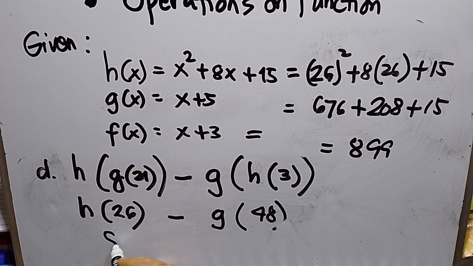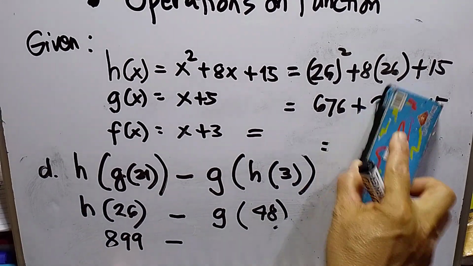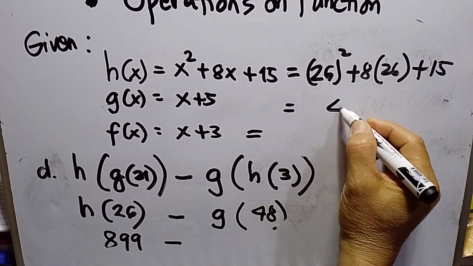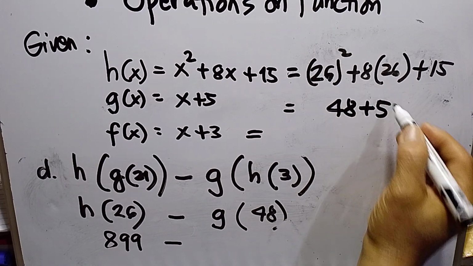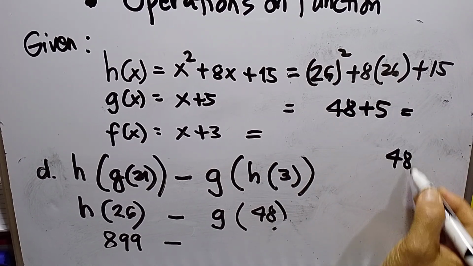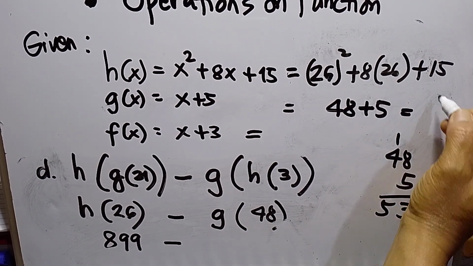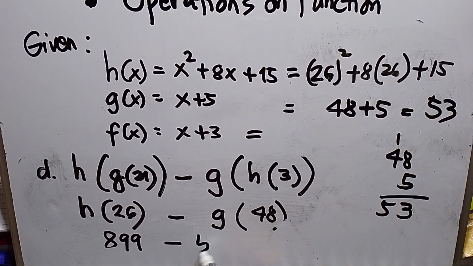So this is 899. Okay, next is g of 48. This will be 48 plus 5. What is 48 plus 5? This will be 13, carry 1, 53. So this is 53.